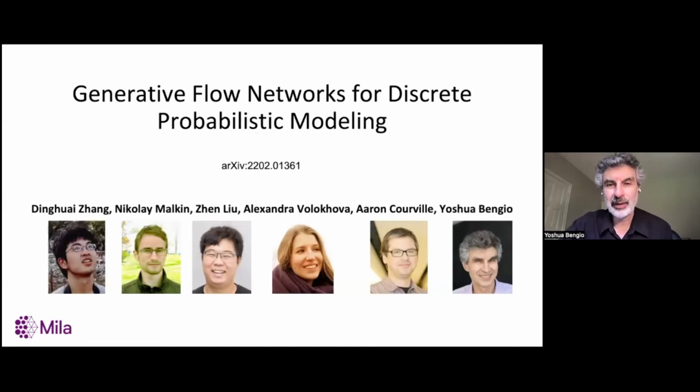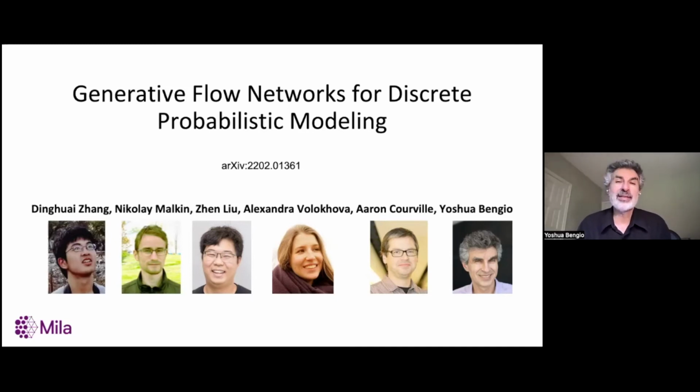Another paper came out in February about how we can use GFlowNets as a generic density estimation or a machine learning tool for learning probability distributions from data. Because in the first paper, as I said, we assume somebody gives us a reward function or an energy function, and then we train a sampler for it.